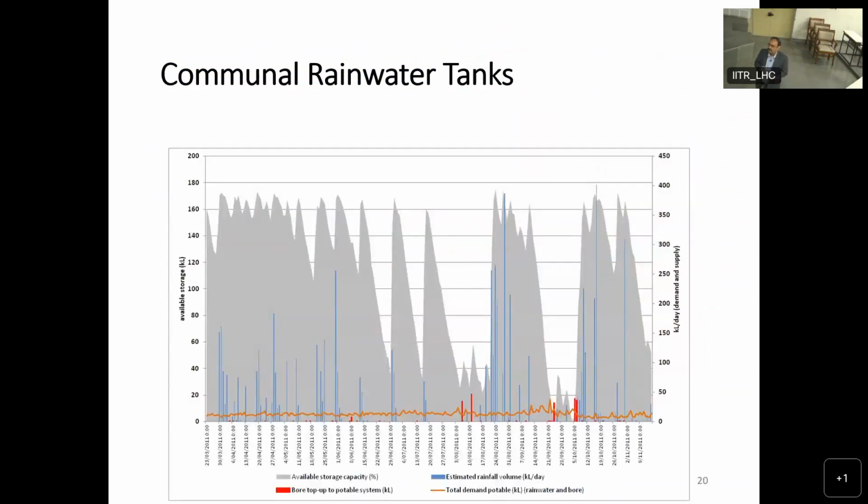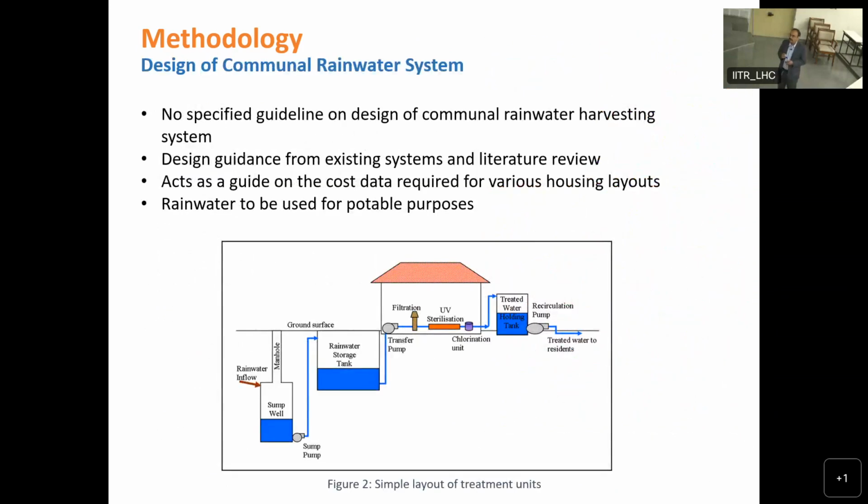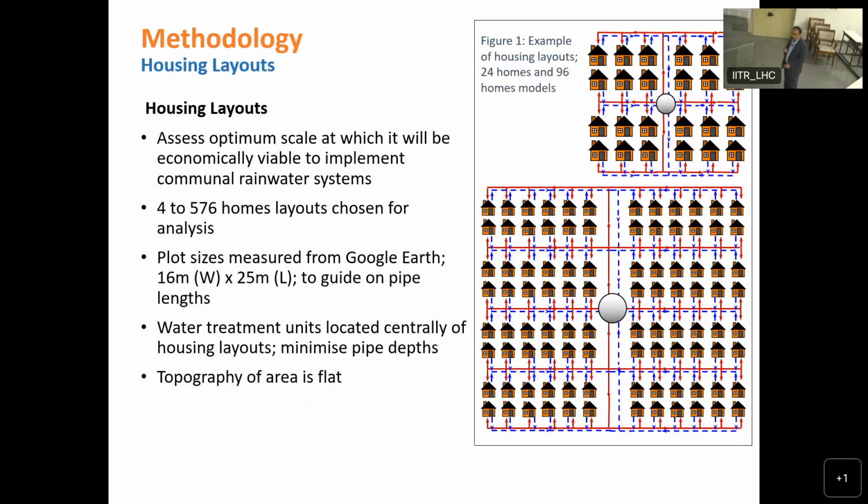But what we can also see in this diagram is that, rather than putting the terminal in the center, if you have a slope and gravity is allowing, you can have it at the end somewhere here, so you can reduce the cost of your collection system. So you get a number of options based on the local conditions. This is just one exercise to show you how you can calculate the economies of scale. What should be the optimal number to put a system? It is just a case study.